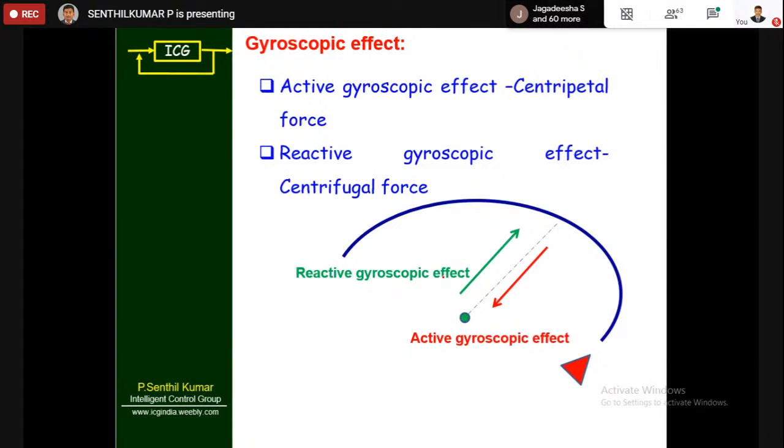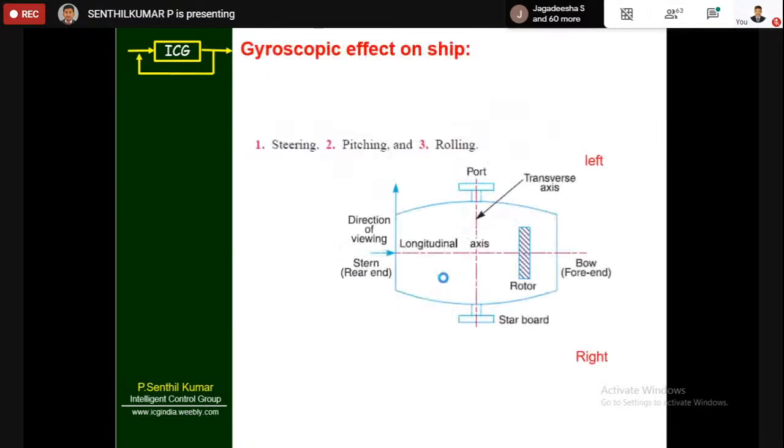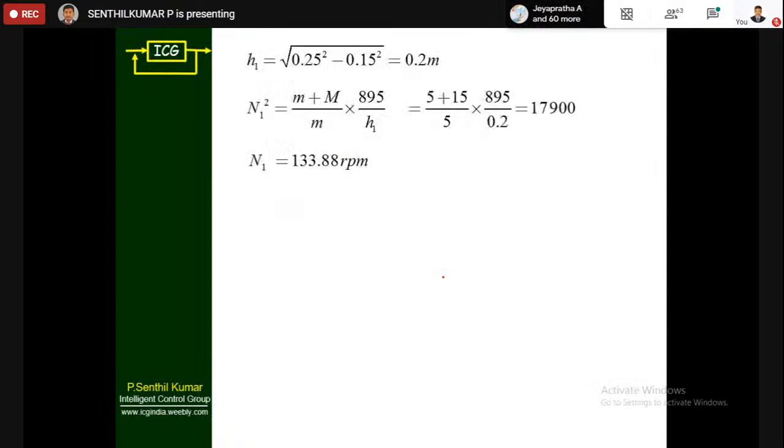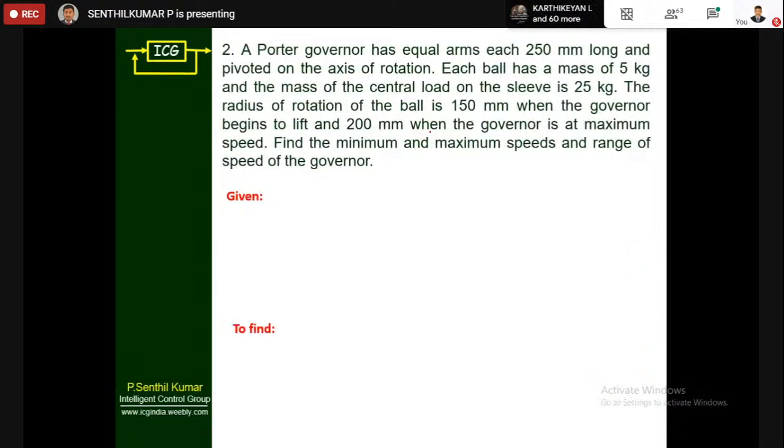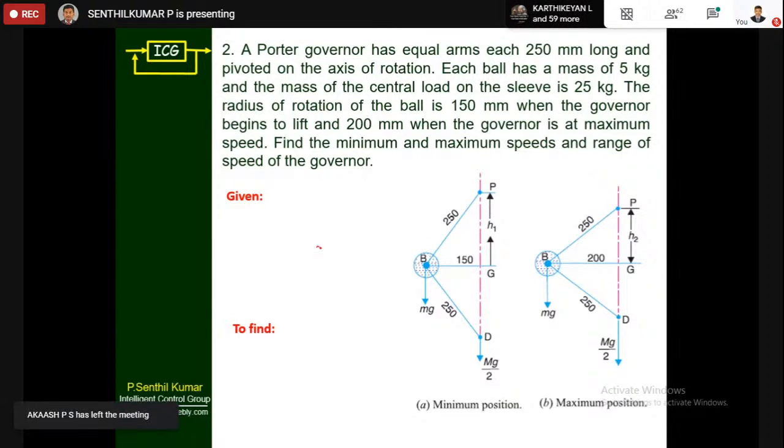Maybe I will discuss one problem, then we will come to gyroscope. You take this problem, they will ask you to find out Q value. You know how to find the Q value for this problem. Or they will ask you to find out H1 alone, H2 alone. Sometimes they will ask in linked question.